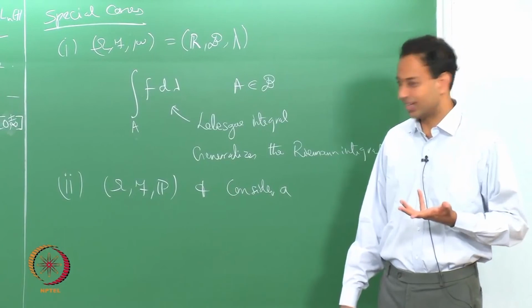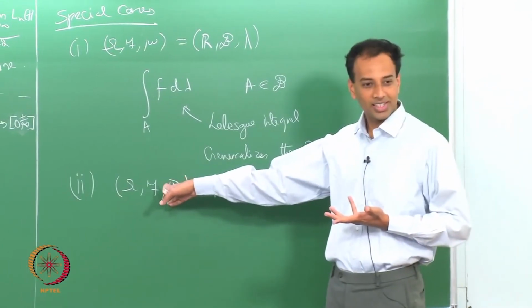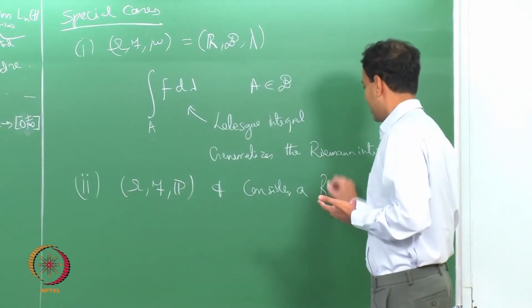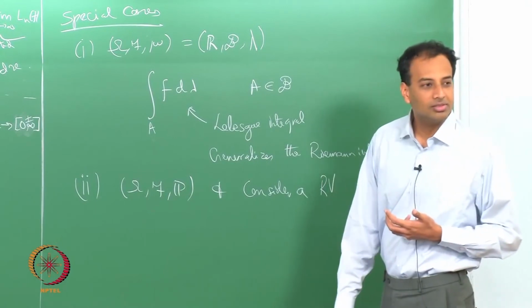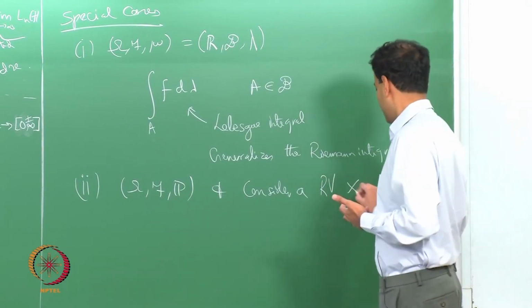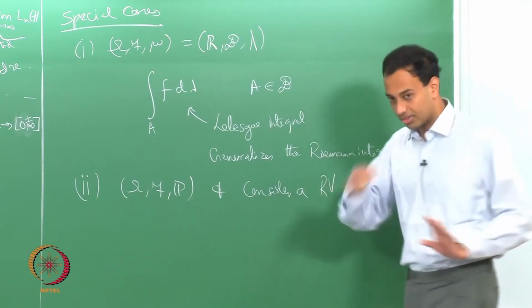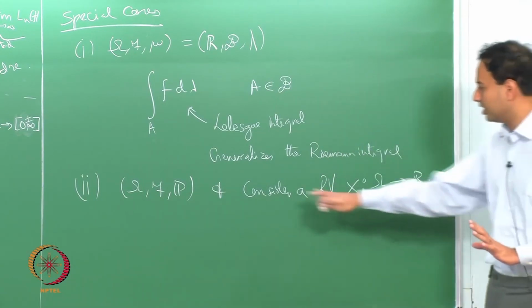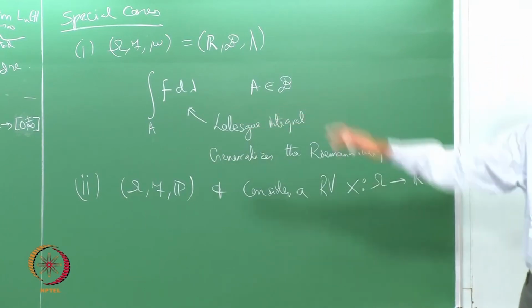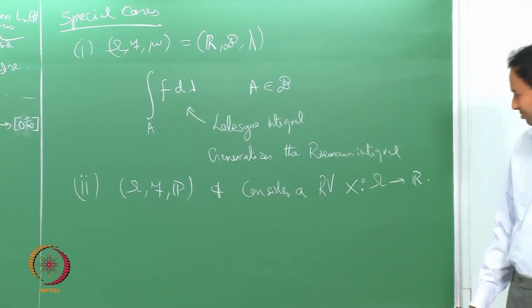It is a random variable, right. Now this is a probability space. So, consider a random variable X from omega to R. This is a special case of what we have written down there, right.